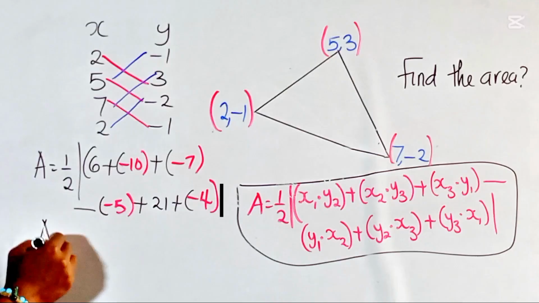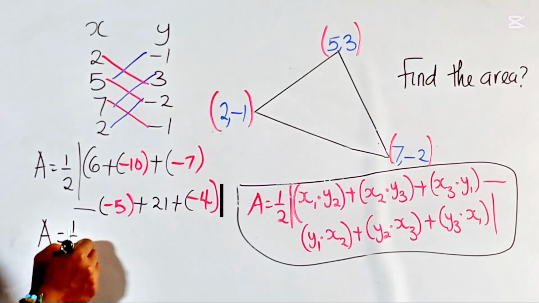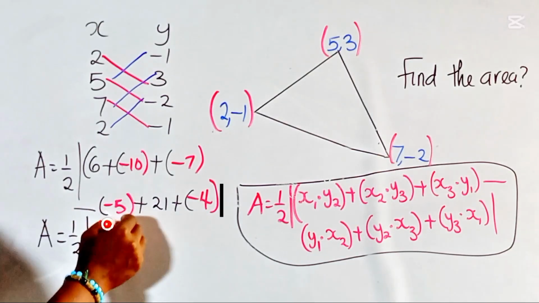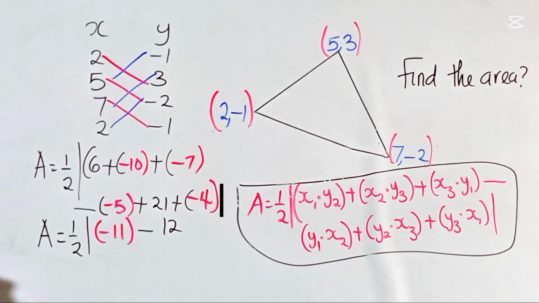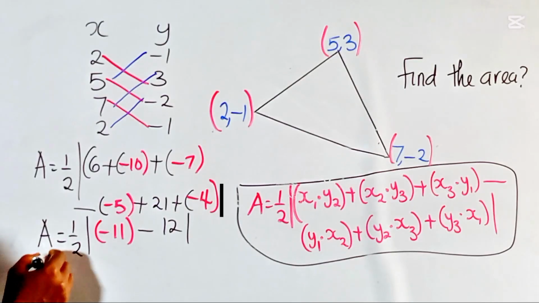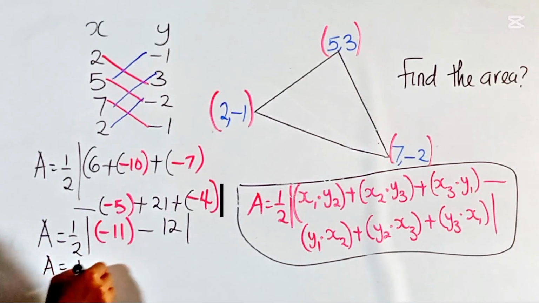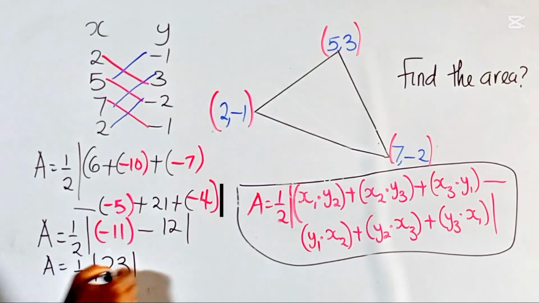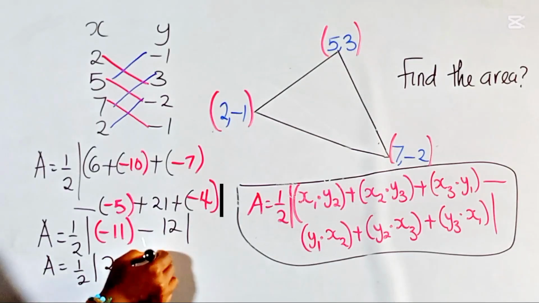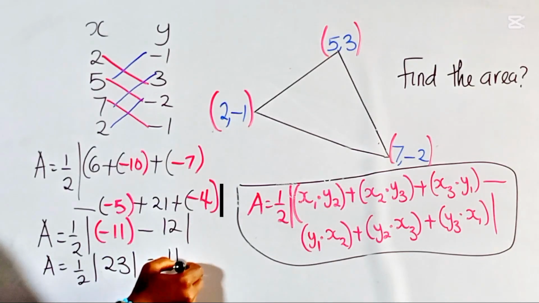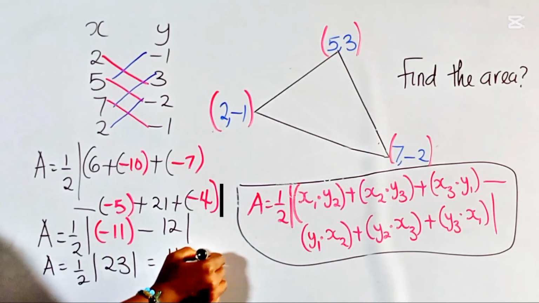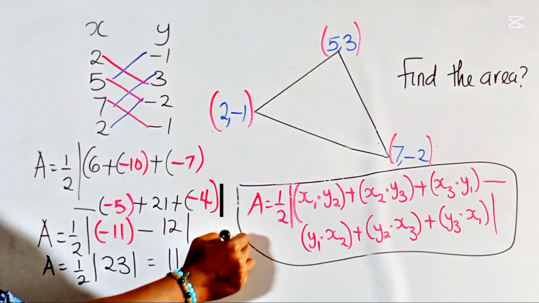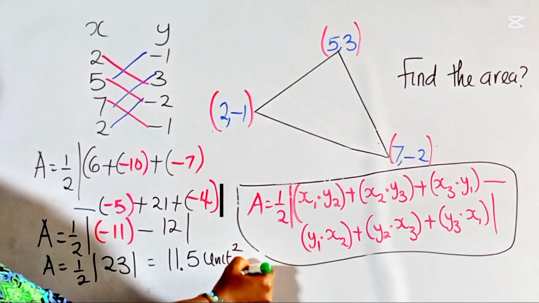We have the area to be equal to 1 over 2 multiplying minus 11, 12, right? Then we have our absolute value sign. So this is going to give us the area to be equal to 1 over 2, 23, right? And 23 divided by 2 is going to give us 11.5 square units. And that's our answer.